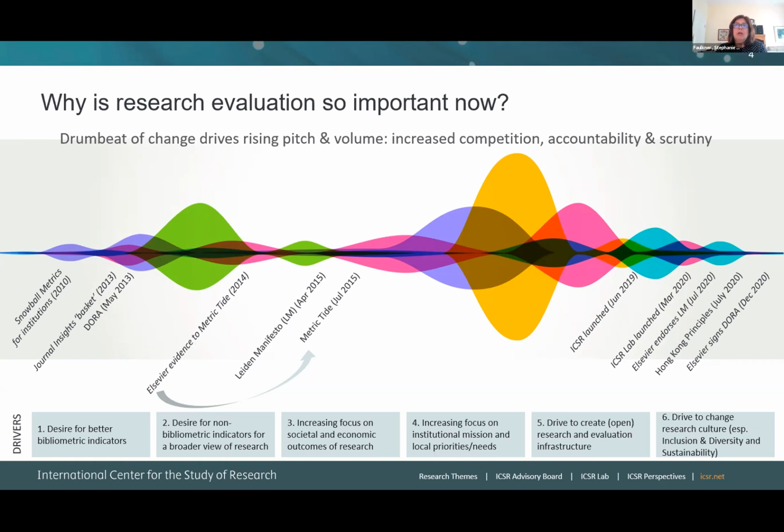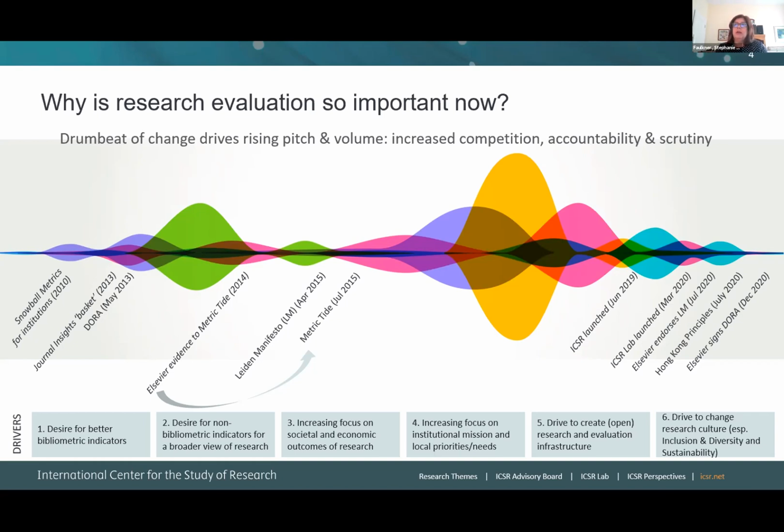That all leads to driver number 3: an increasing focus by funders, governments, and the public regarding the societal and economic outcomes of research. So, what is research doing, or how is it impacting the society that we live in? Driver 4 is an increased focus on the institutional or university missions and their local prioritization, and how they are delivering outcomes that impact their local community.